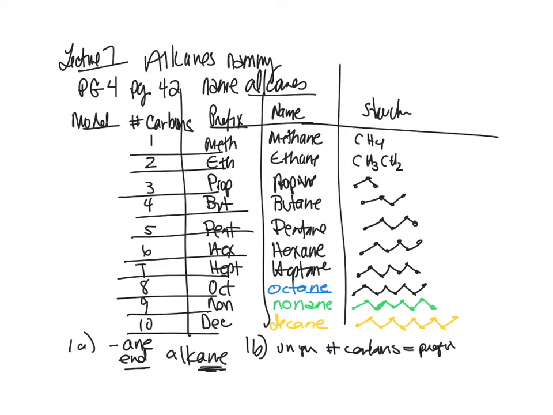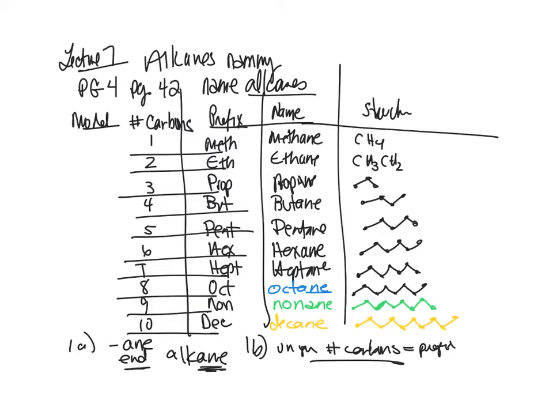What information does the prefix of the name provide? The number of carbons. In general, how is the prefix modified to name a straight chain alkane? It's modified depending on the number of carbons. Write in the names in the table for compounds 8, 9, and 10, which I have done.